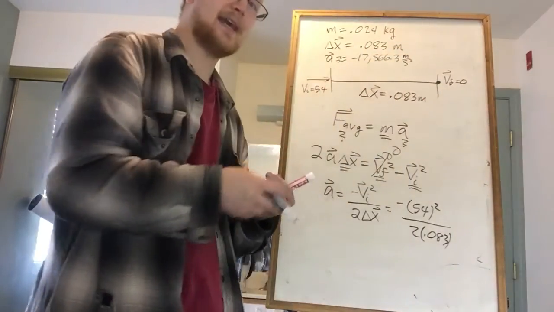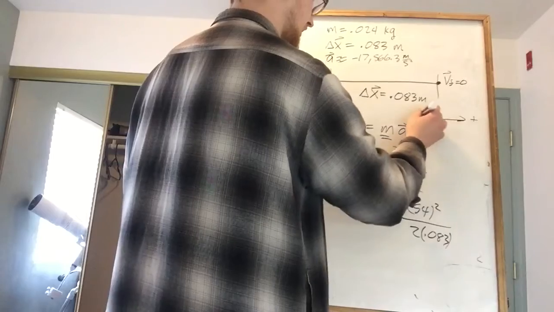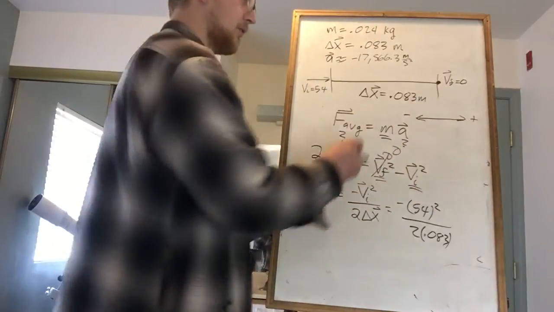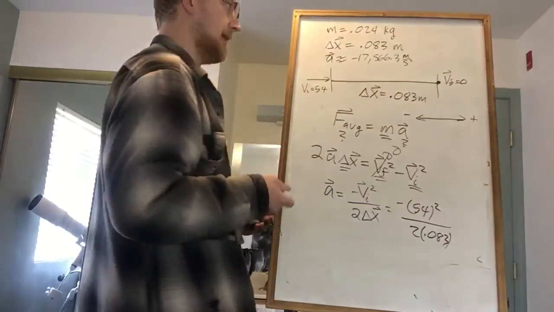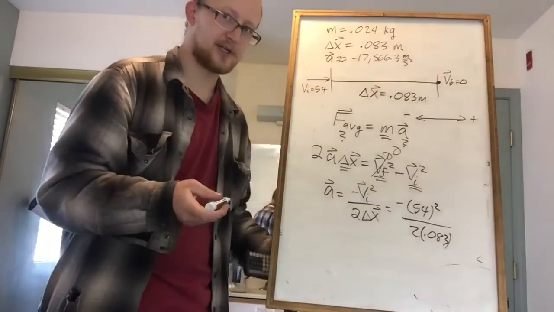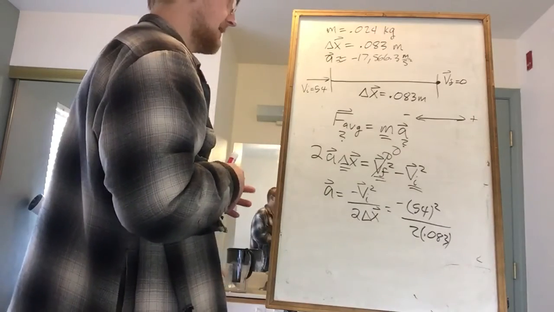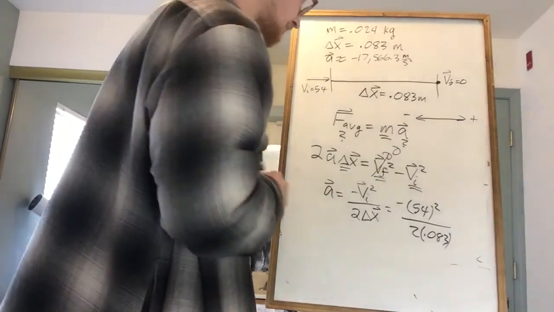And of course the negative in front of this term represents that the acceleration is going in our negative direction, so we picked our coordinates to be positive right, negative left, and therefore the acceleration is occurring in this direction, and it's a decelerating acceleration. So that explains why it's negative.